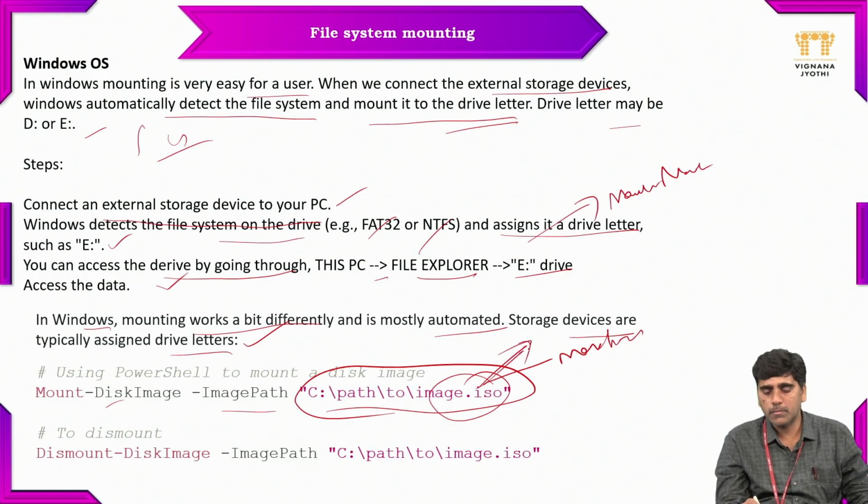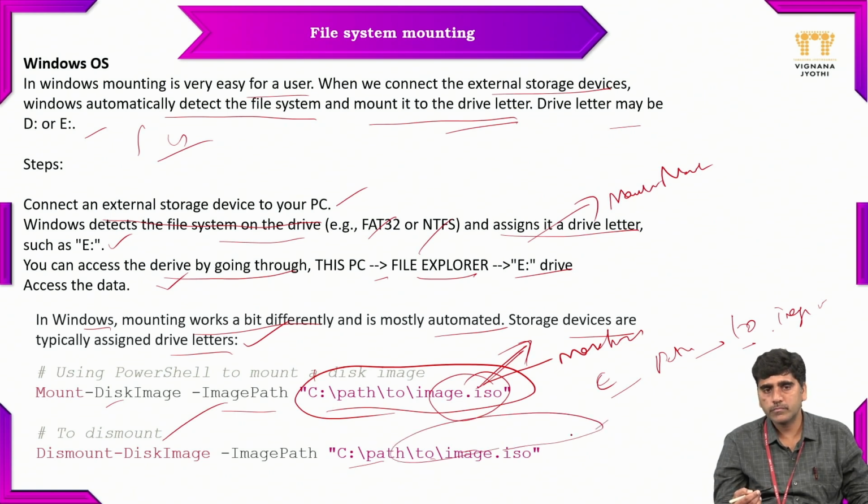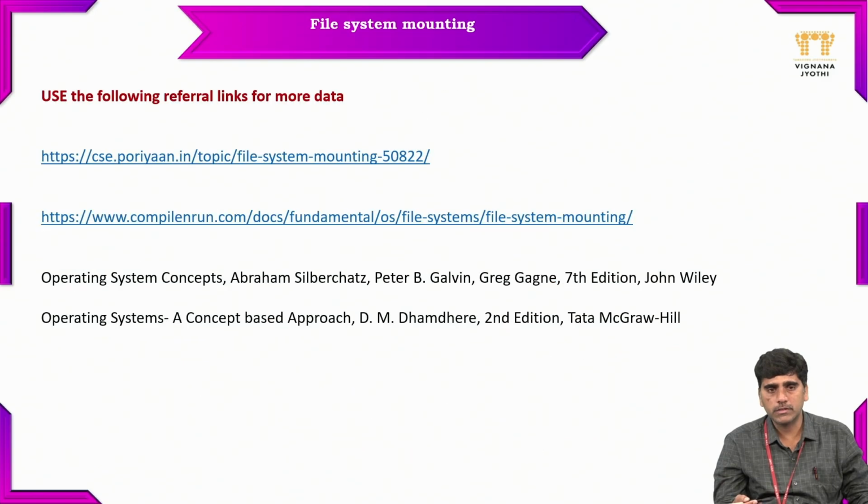To access this image.iso file, you enter the C drive, then the path folder, then the to folder, where you can access your image.iso file. And to dismount, that means the unmount process, from this C drive path to the image, we are going to dismount. Like that, you can perform file system mounting operations.